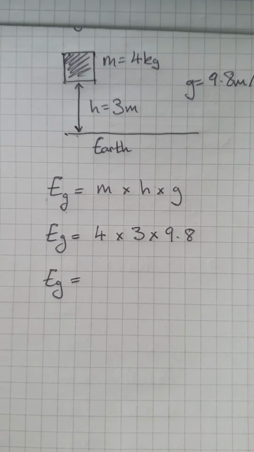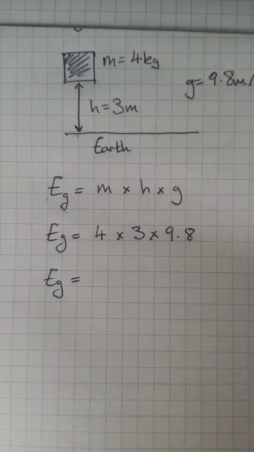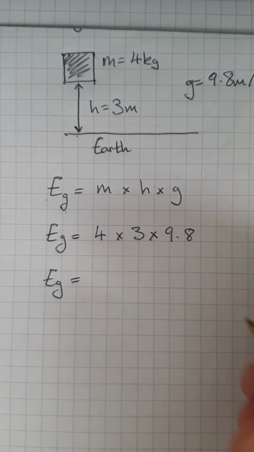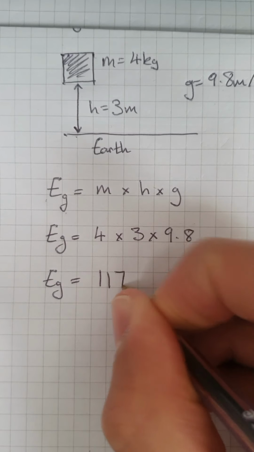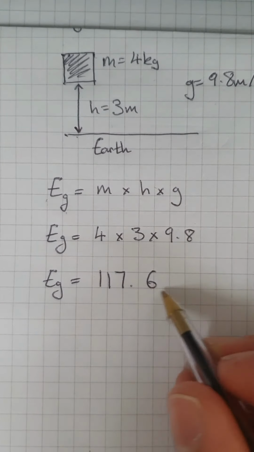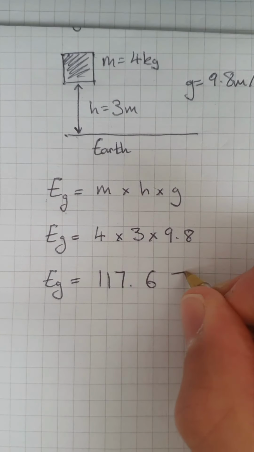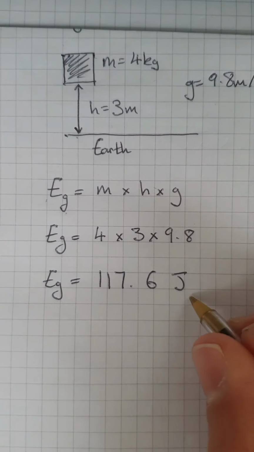I'll just give you a second just to give you a chance to calculate that. The answer you get is 117.6. Now, because we're in physics, this 117.6 has a letter after it. And that letter for energy is joules.